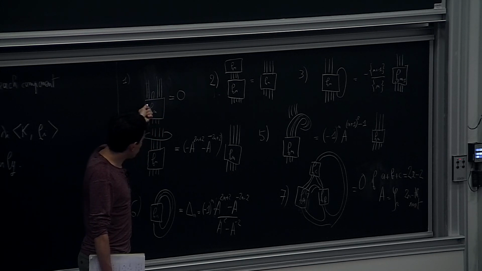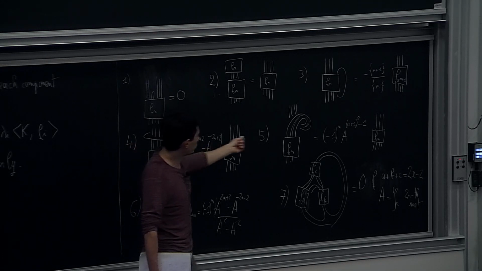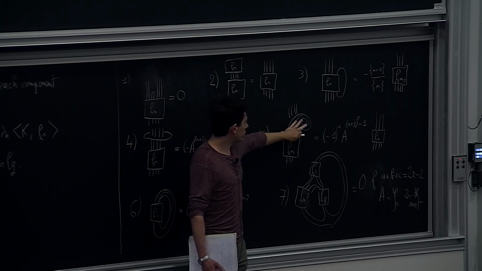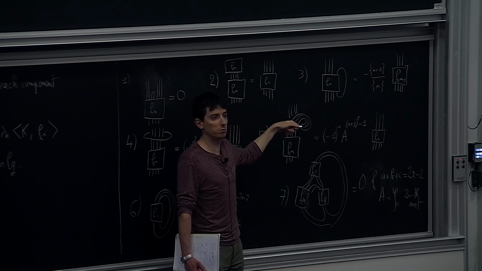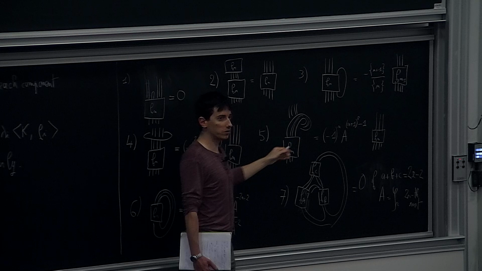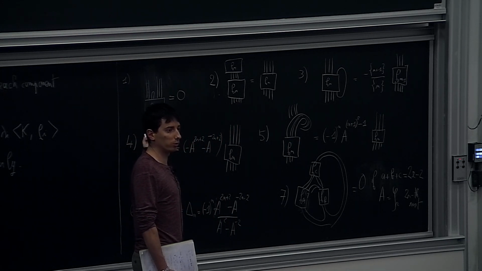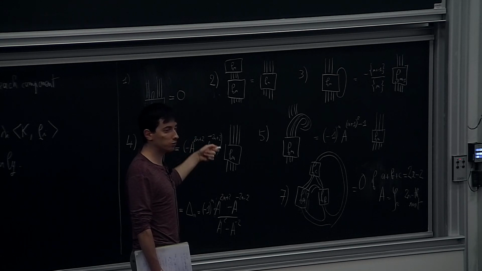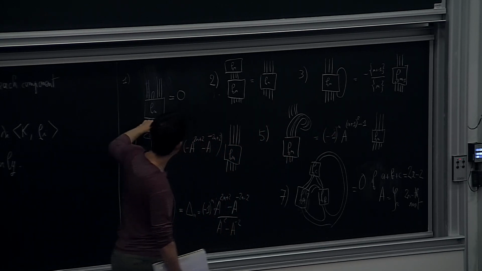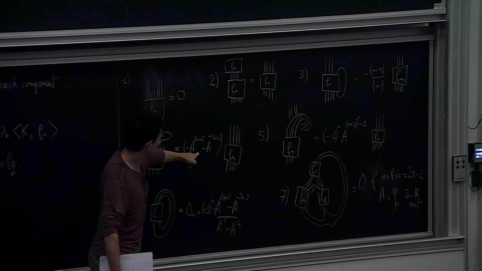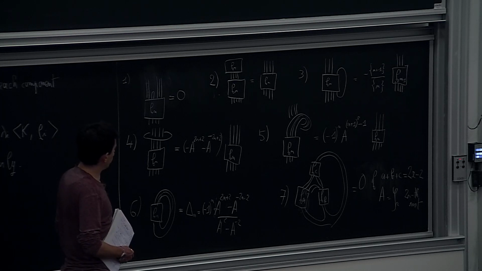Using this relation, it will help you compute this one or this one, because when you try to resolve the crossing here, you will have only a few possibilities to resolve the crossing so that you don't have a comeback arc. When you analyze the coefficients that you get, you see that you get this coefficient here, or here when you put a belt around, you get this coefficient here.